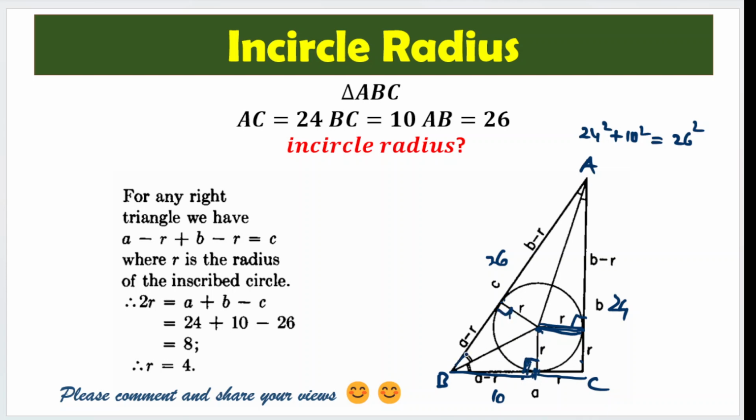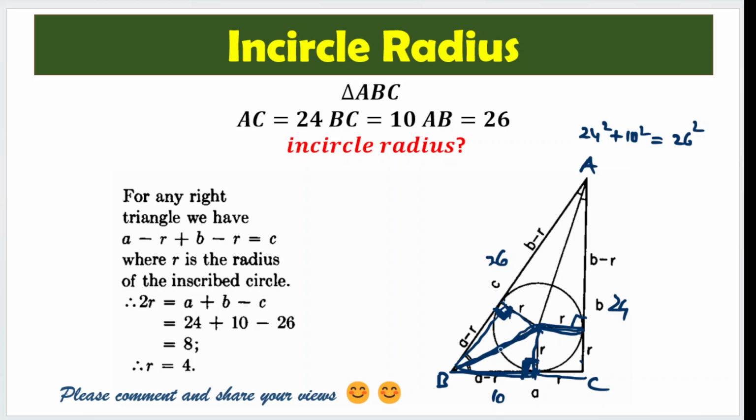Now if you take these two triangles, these are similar triangles. Why? Because one of the angles is 90 degrees in both cases, and the hypotenuse is the same. The hypotenuse is the one that is opposite to the right angle.